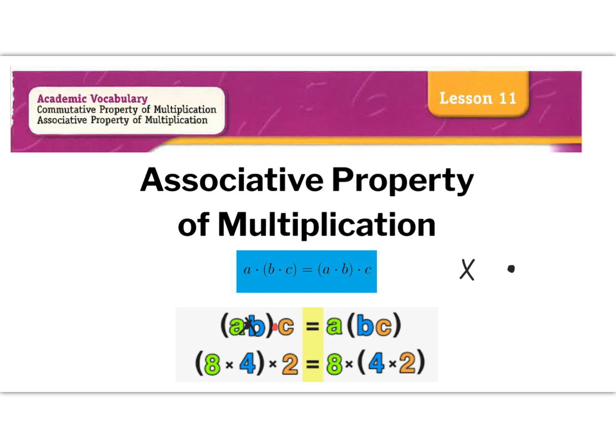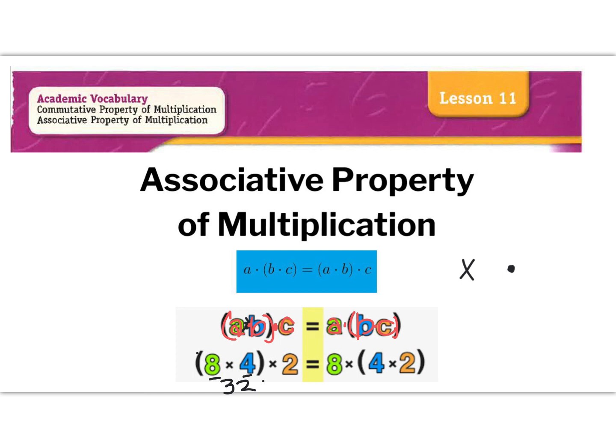All right, so this means in parentheses, A times B, you do that first, and then you do times C, is the same as if you do the parentheses first over here, B times C, and then you multiply by A. It's the same thing. So let's look at the example with numbers. We do in parentheses first, 8 times 4, which is 32.